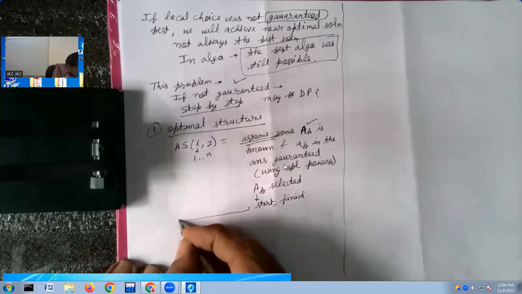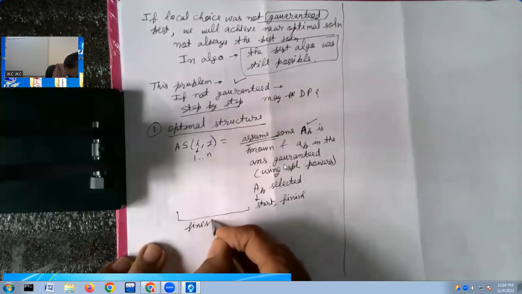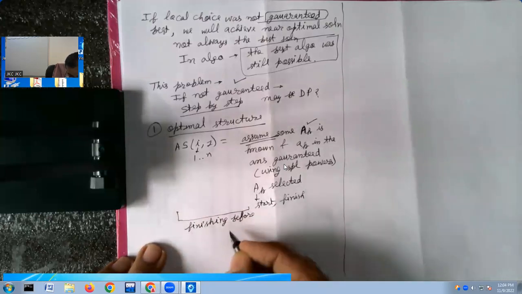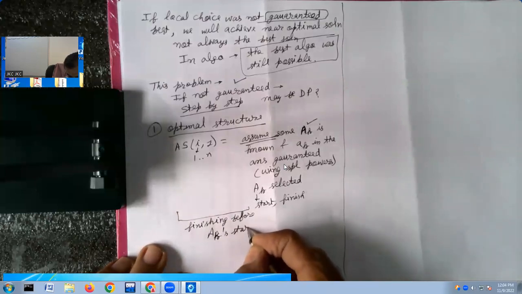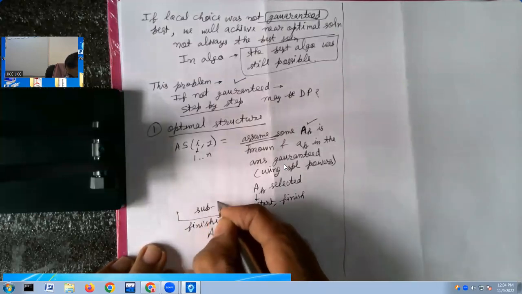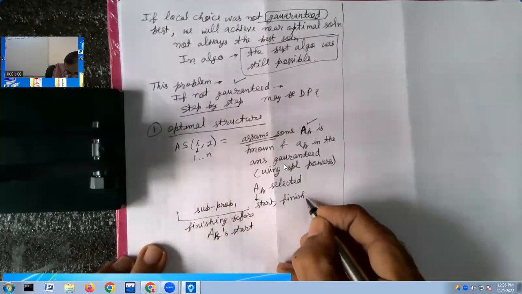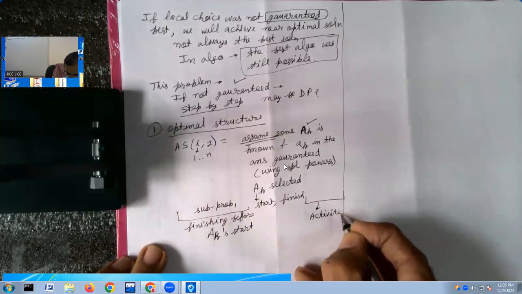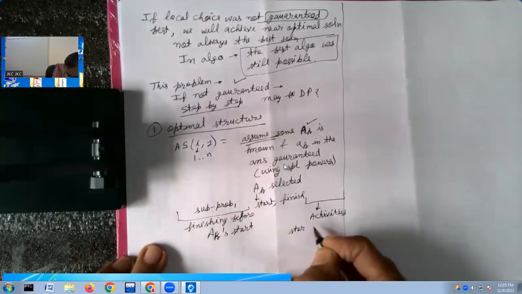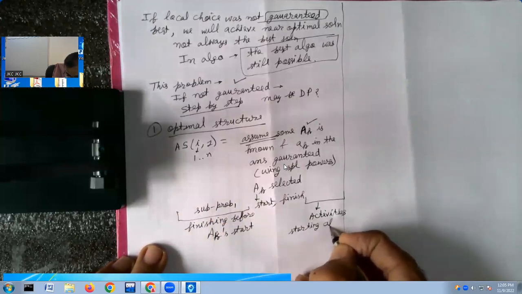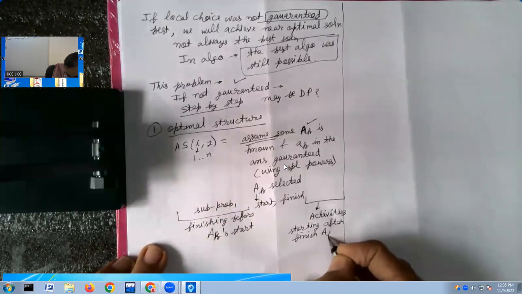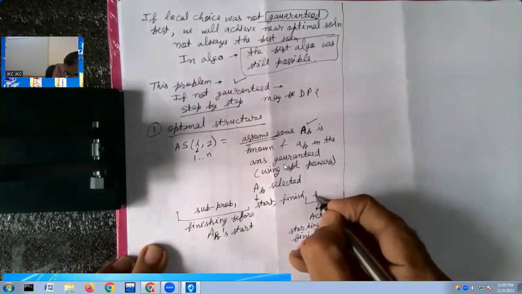Activities finishing before AK's start can now be considered as one sub-problem. Similarly, activities starting after the finish of AK can be another sub-problem too.